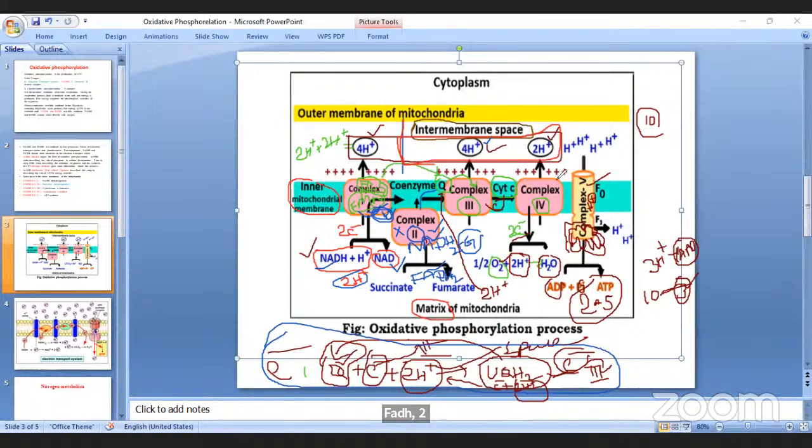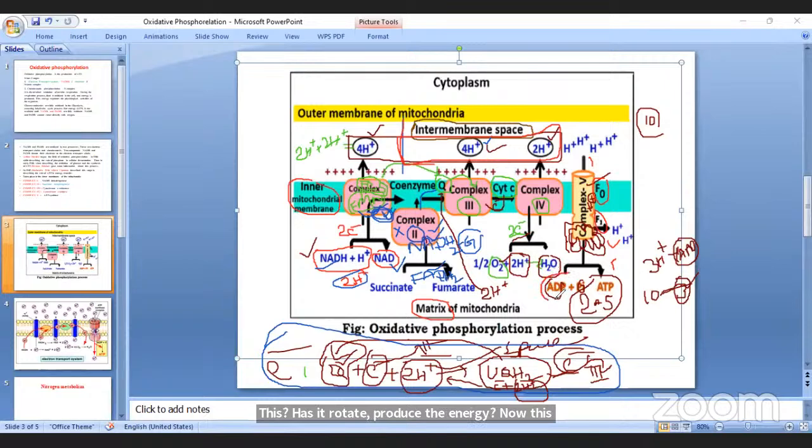The same: these 6 protons go through the coupling factor F0, and this is F1. While the protons are transported through F1, this rotates and as it rotates, it produces energy.